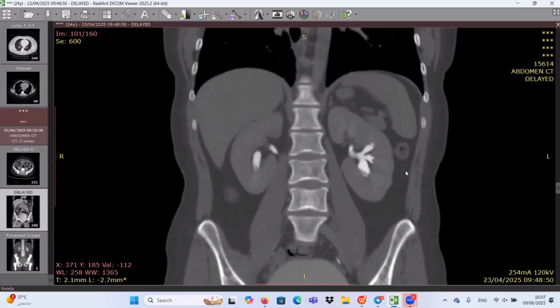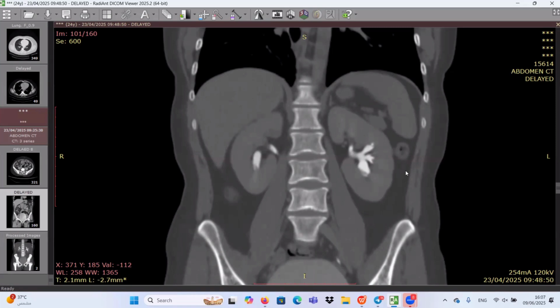I can't pick it. You mentioned it at the beginning: papillary necrosis, one of the common causes of hematuria in sickle cell anemia. Okay, what else?